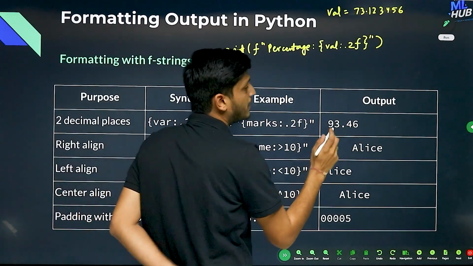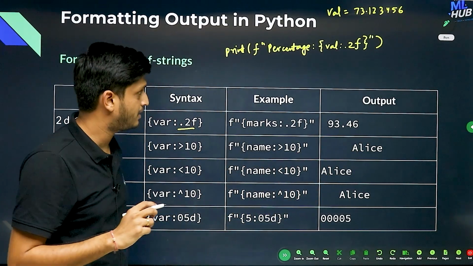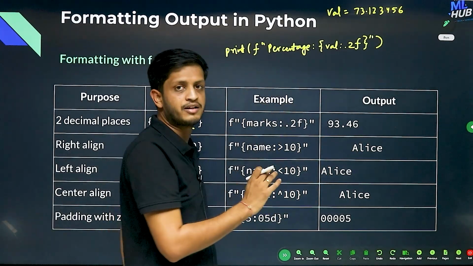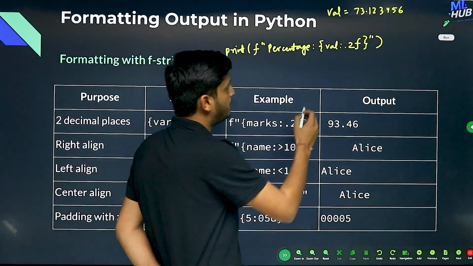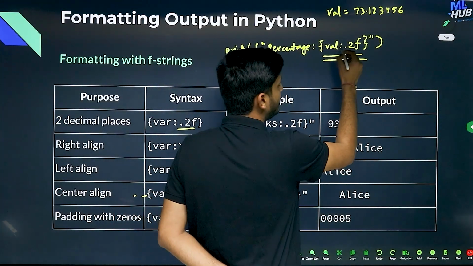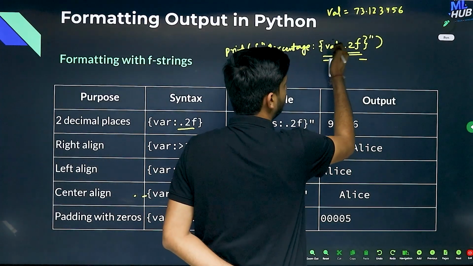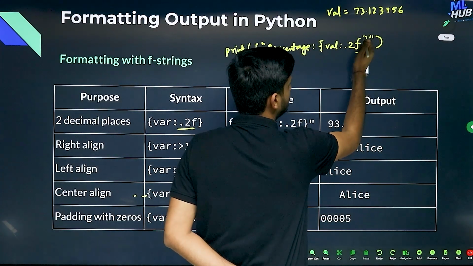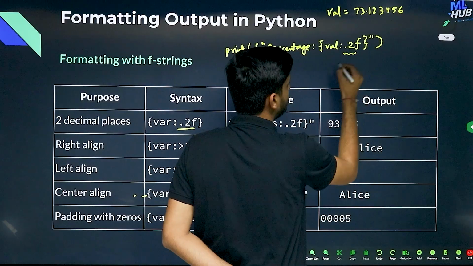Okay. So now what I'm telling the compiler is, you have to print this entire string. It's a formatted string. But instead of printing the variable val directly, print the variable val in this format. So everything after the colon is the format. And the format is .2f.